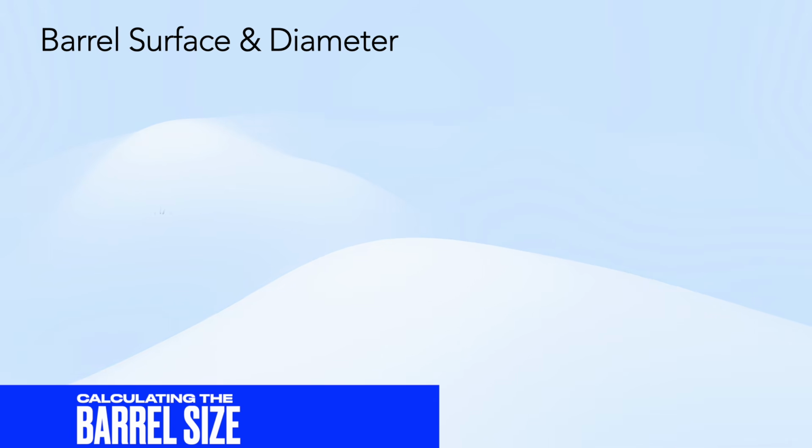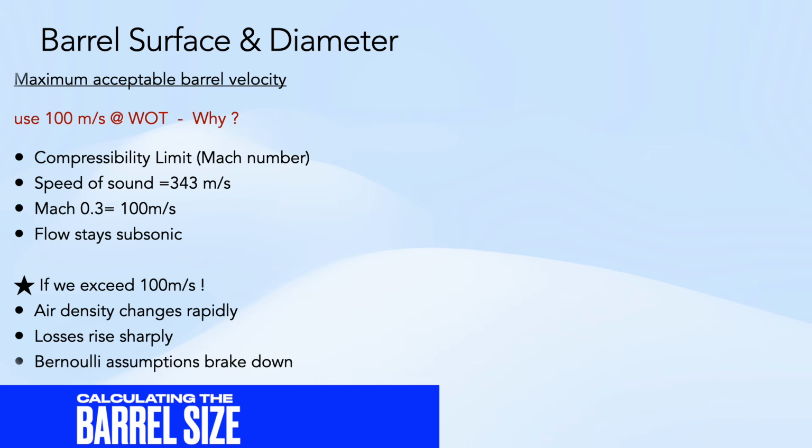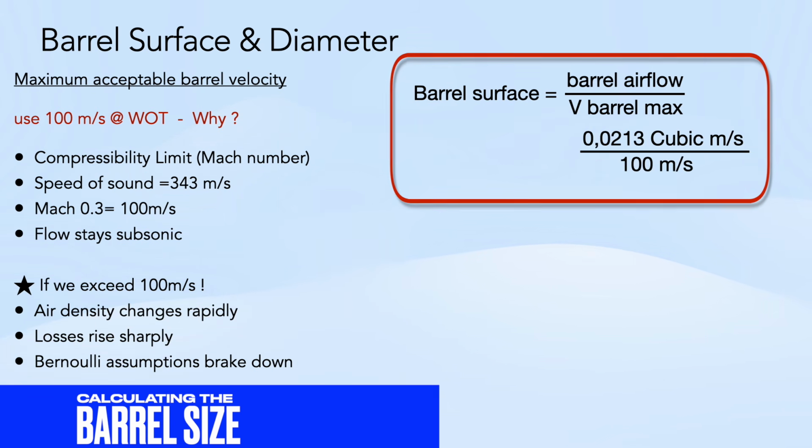Let us do some number crunching, and we are going to stick to what I just explained: 100 meters per second at wide open throttle. There is a good reason why. It's the compressibility limit, but it's also that the Bernoulli assumptions would break down, as you can see on the screen. So if we take the barrel airflow we just calculated and divide it by our maximum velocity, V barrel max, which is the 100 meters per second, then we will end up with the barrel surface.